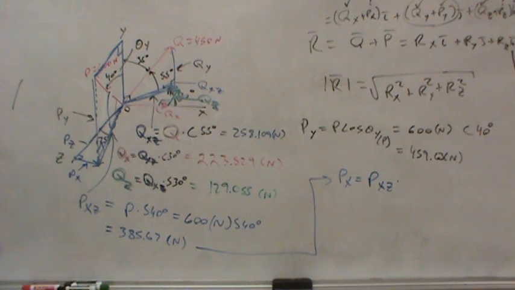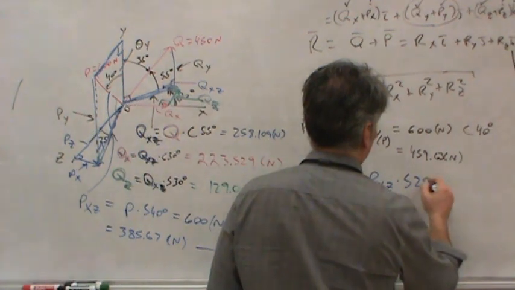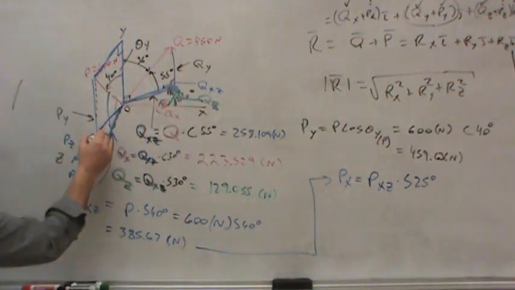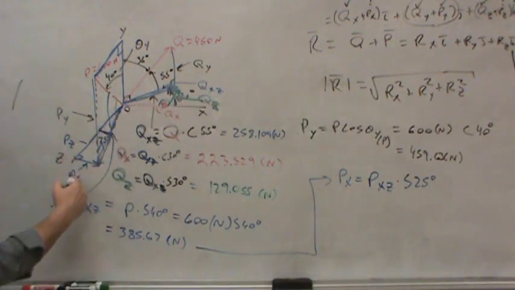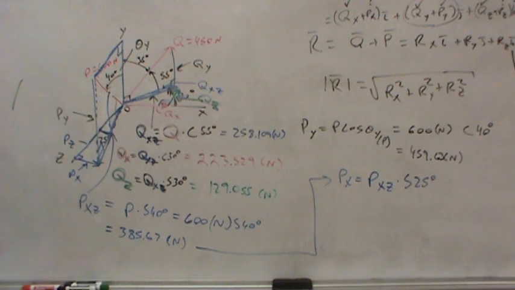Some people said cosine, some people said sine. How many people vote for sine? How many people vote for cosine? Sine of 25 degrees. Notice that the 25-degree angle is over here, and this is the side opposite the angle. Why is it times PXZ? Because PXZ is the hypotenuse of the triangle we're playing with. Good question. What else?